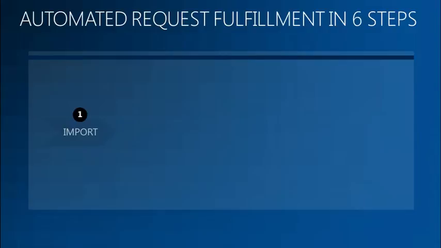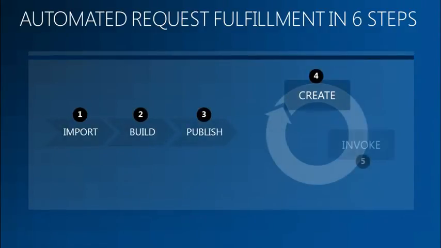So for the context of the rest of the session today, we're going to talk about these 6 steps. The 6 steps are to import data into Service Manager, and then build our request offerings, publish them to the service catalog. And that's something that we do one time for each type of request offering that we want to create.